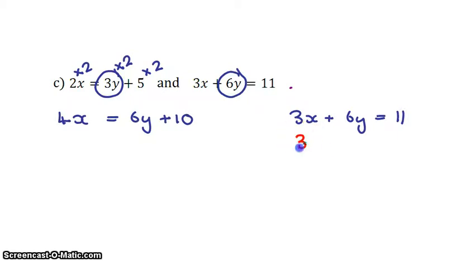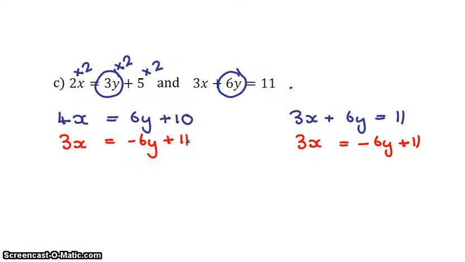Now, it might be better for me to minus 6y on both sides so that I have my y's on the same side. And now if I write them under each other, I can immediately, oh, my pen goes again. Sorry, my pen keeps losing connection. Anyway, let's pick up where we left off.